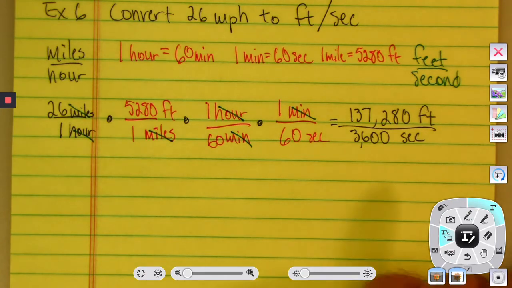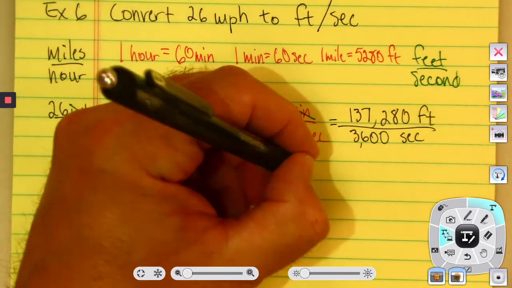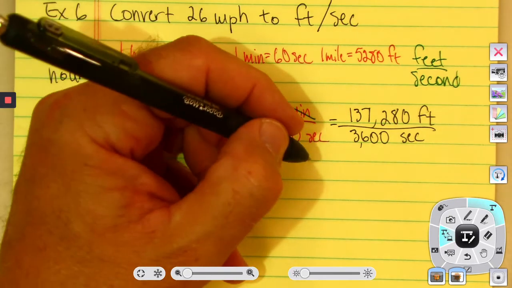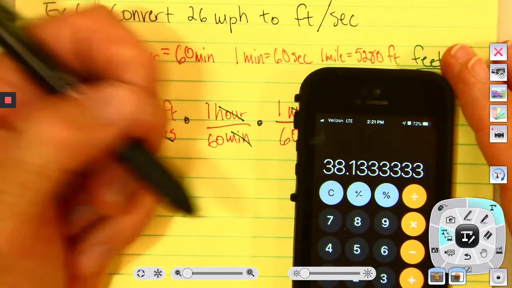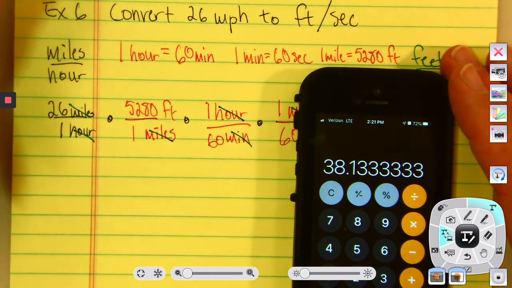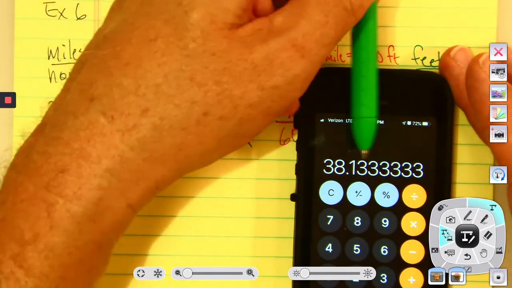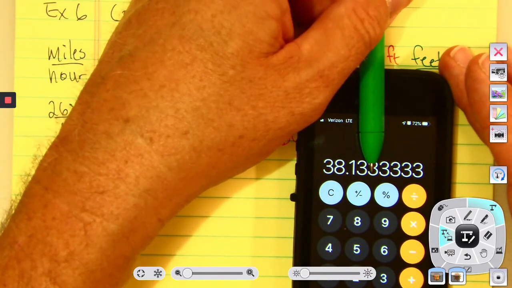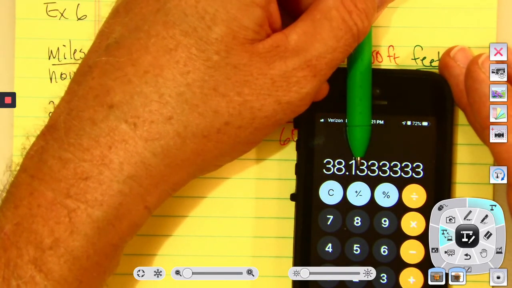So I'll take 137,280 and divide that by 3,600, and I'll get a number that looks like this, 38.13. On your homework tonight, I believe it's going to tell you to round to the nearest hundredth. Well, if you round to the nearest hundredth, then this 3 is the tenths place.